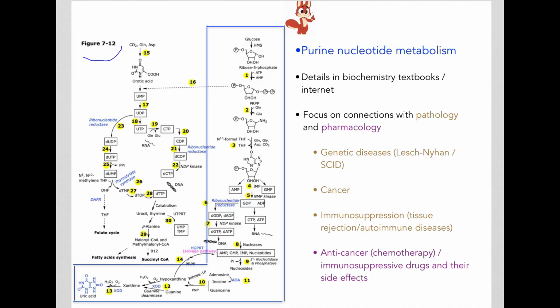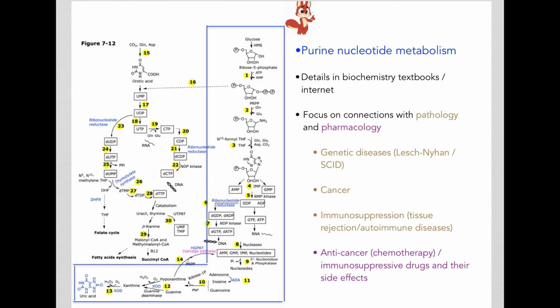So this figure here gives you an overview of nucleotide metabolism. On the right-hand side, shown in this blue box, is the metabolism of purine nucleotides, which we'll focus on in today's video. We shall only look at reactions and enzymes that have medical relevance, especially connections with pathology and pharmacology. You can find details of these pathways in biochemistry textbooks as well as on the internet.